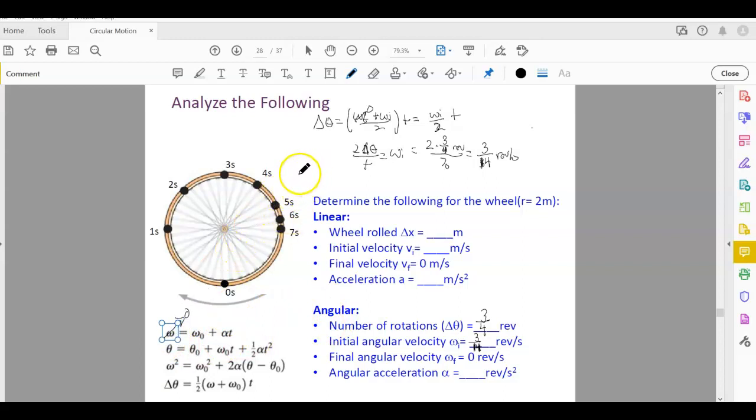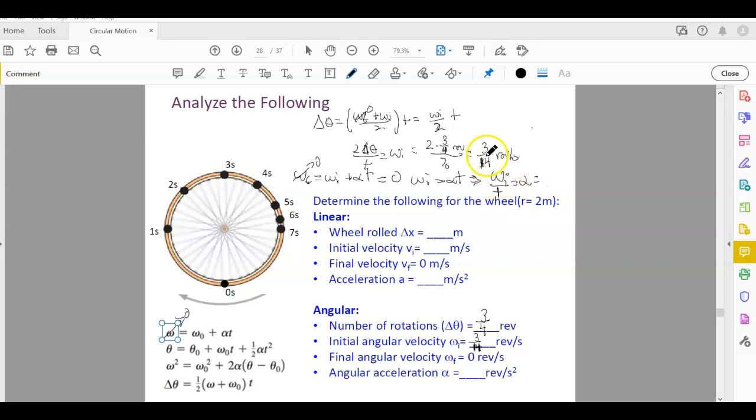Well, omega final equals omega initial plus alpha times t. Okay. After I fill the numbers out here, I'm going to talk about the directions in a second. So here we go. This is going to be equal to 0. I'm going to subtract omega initial from both sides. Negative omega initial is going to be equal to alpha times t. And so omega initial divided by t is going to be equal to alpha in magnitude.